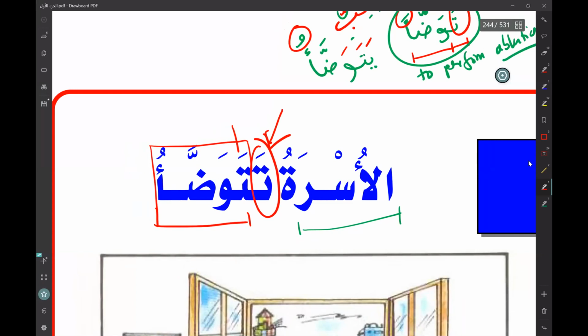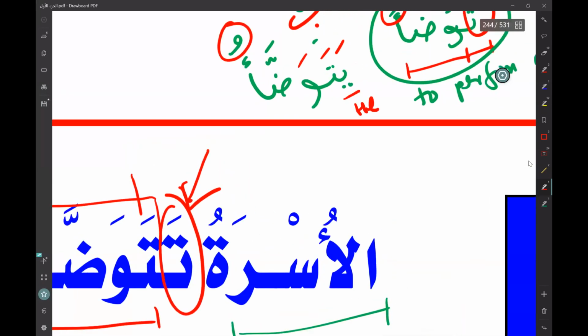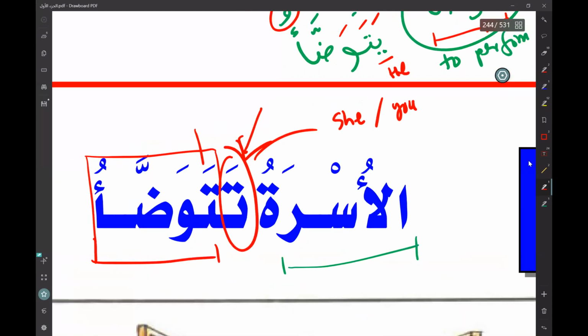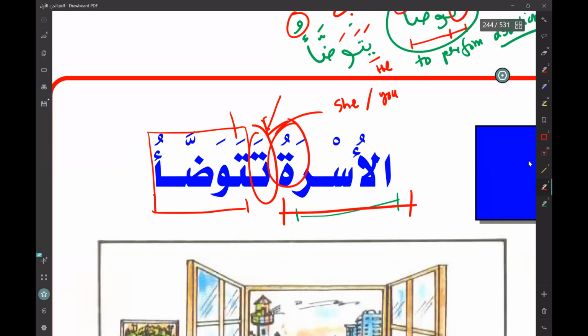It is because ya is, of course, for he, and ta is for she. It can also be you, but in this context, it's for feminine. So why are we using feminine? Because the word usra is a feminine word. We have a ta marbuta. Okay? So this is not just an expression, it is a sentence. Al-usratu tatawadda'u means the family is performing wudu.